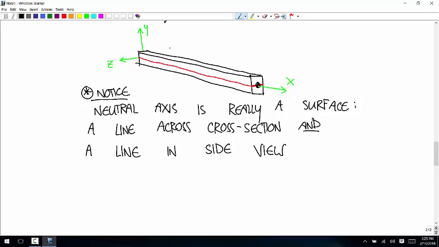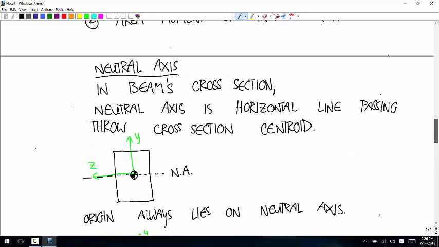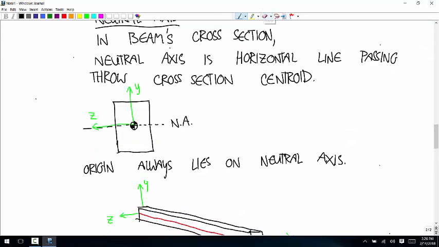So we would do the problem in the xy plane. Do the internal load problem in the xy plane, and then the restrictions on the cross-sectional shape would be in the yz plane. Okay, so that's the neutral axis.